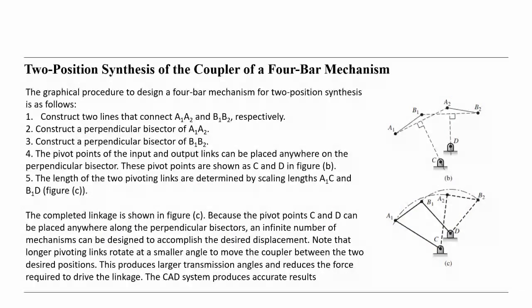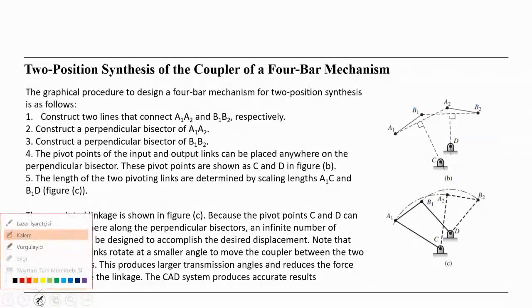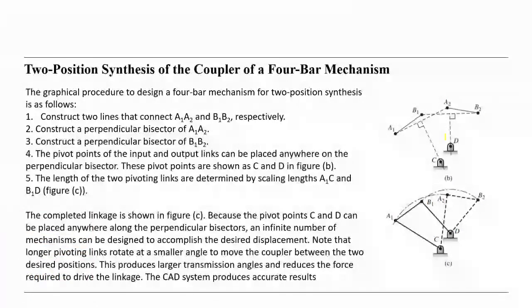So there is an example here showing this. Here you see AB is given, A1 and B1, and the second position is A2, B2 here.